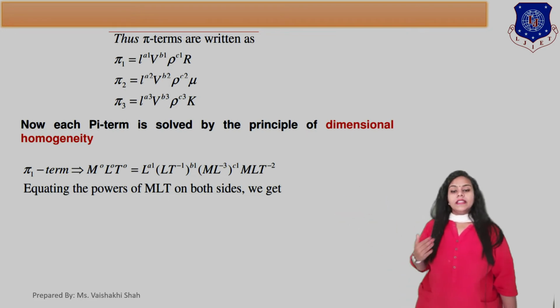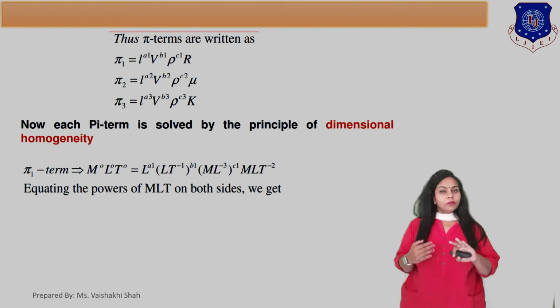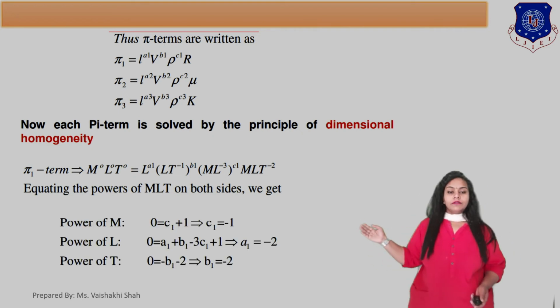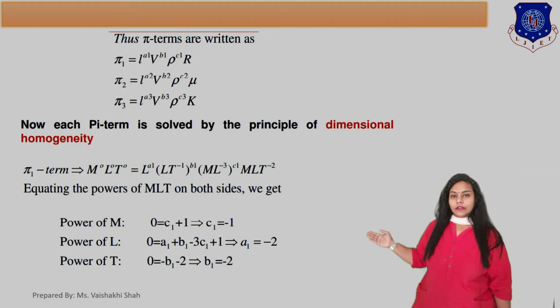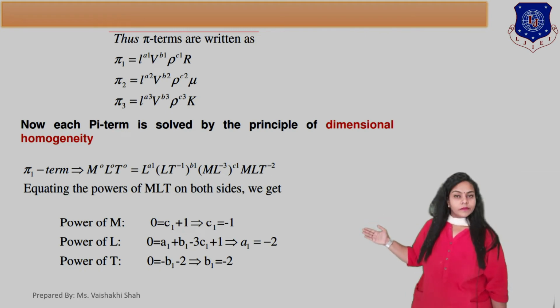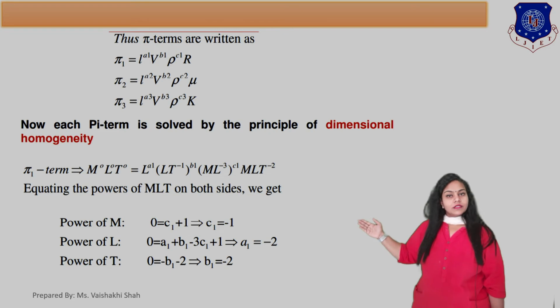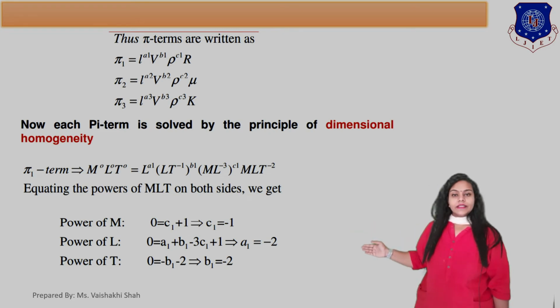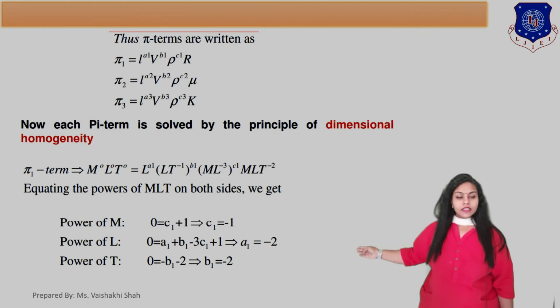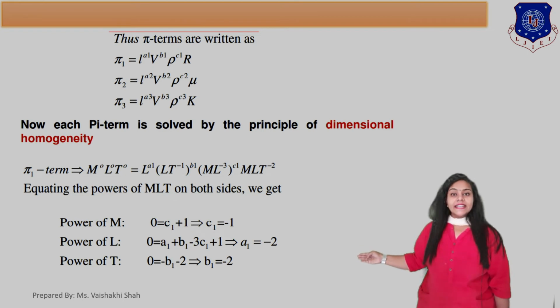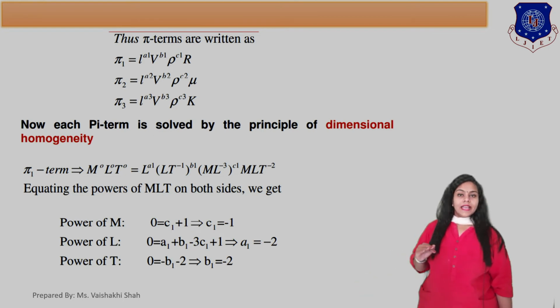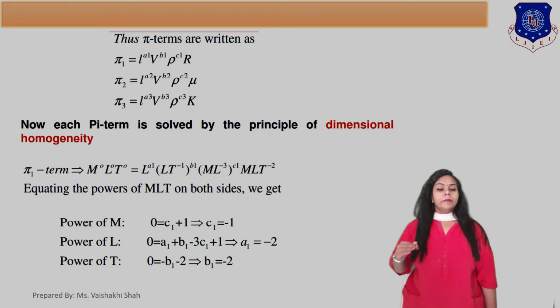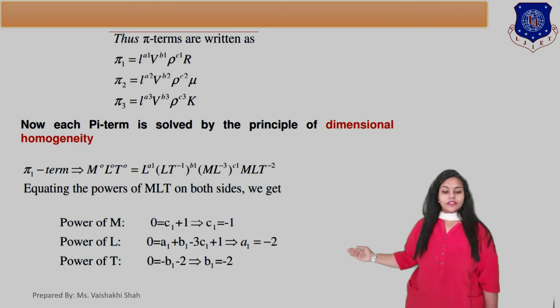Now equating the powers of M, L, T on both sides. First, power of M: 0 equals c1 plus 1, so c1 equals minus 1. Second is the power of L. On the left hand side the power of L is 0, and on the right hand side it is a1 plus b1 minus 3c1 plus 1.